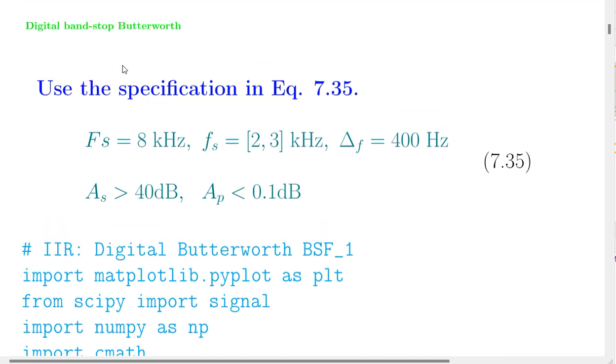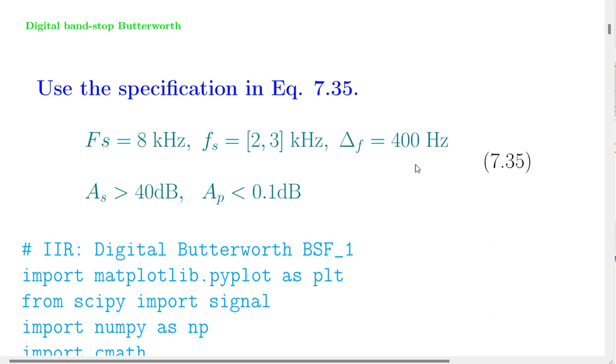Now, designing band stop Butterworth, use the specification in equation 7.35. Fs, again, 8 kHz. This time, FS is equal to 2 and 3 kHz, respectively.